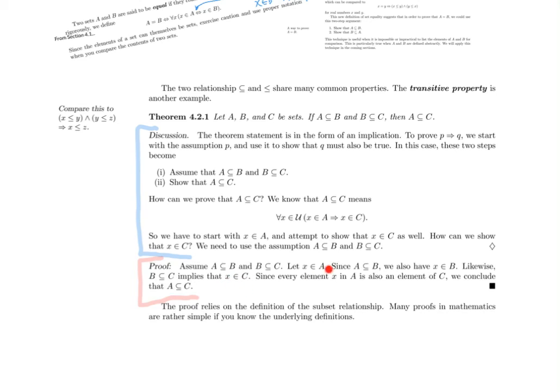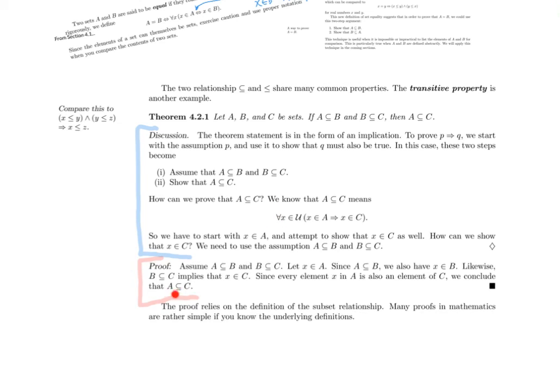Which means we started with the assumption x is in A, and we did some work to show that x is an element of C. And because we chose an arbitrary element of A that didn't have any special distinctive properties, it was just a generic element of A, the only thing we knew about it is that it belonged to A. That is covering the universality of the statement.